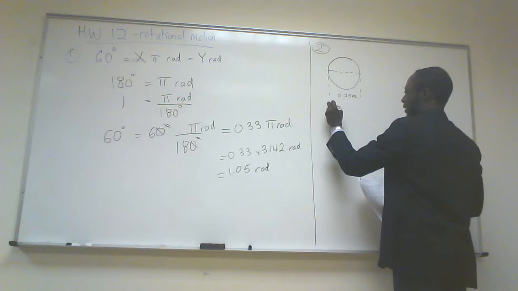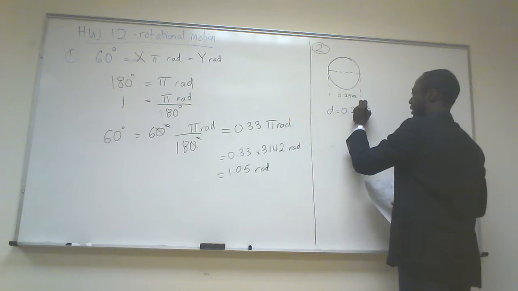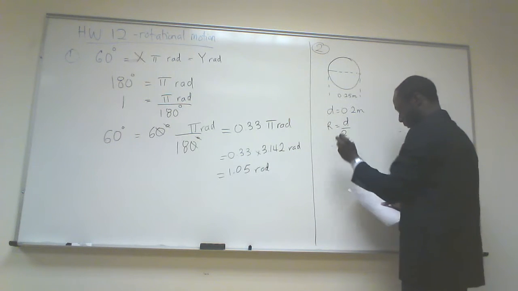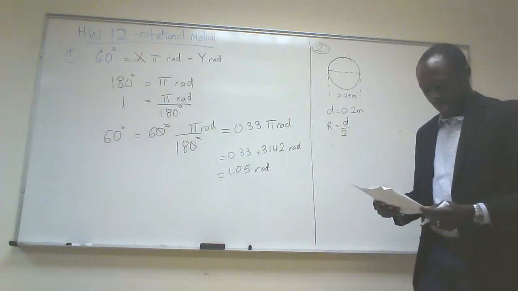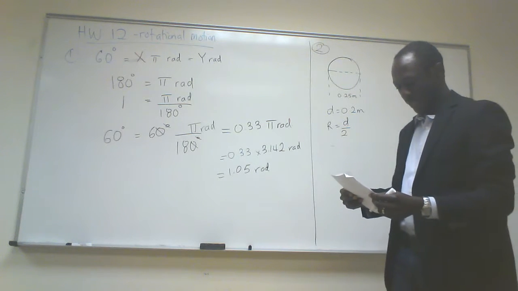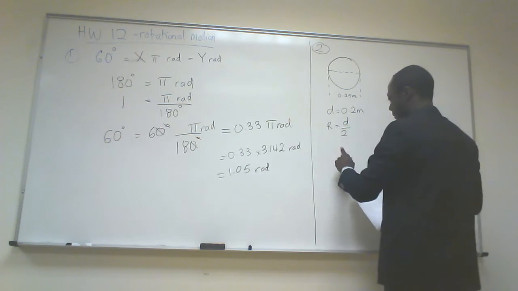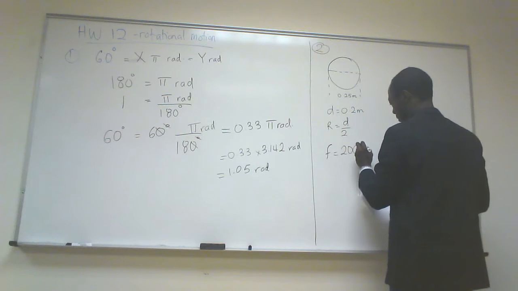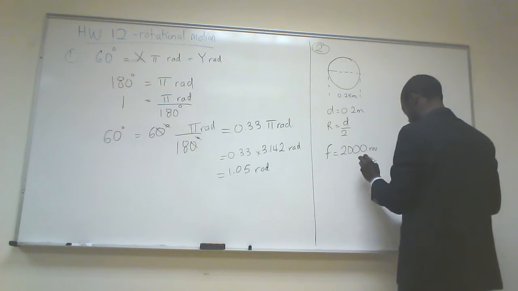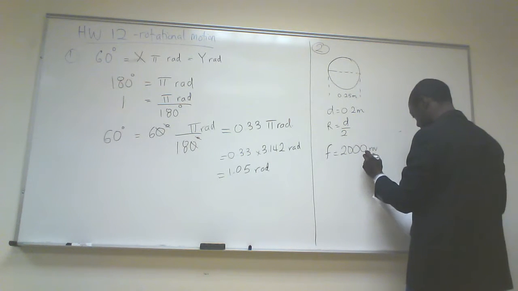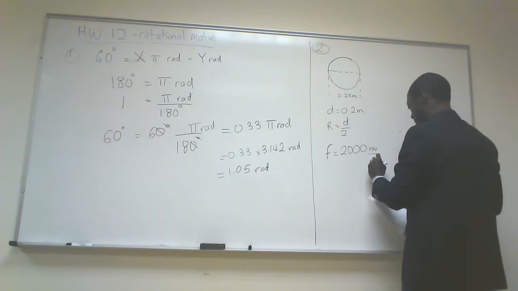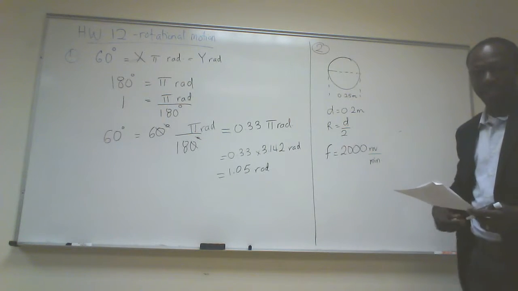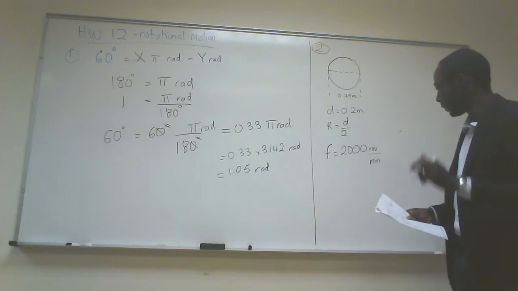If the diameter is equal to 0.25 meters, the radius is going to be diameter divided by 2. And we're told that it's rotating with a frequency of 2,000 revolutions per minute, and we're asked to calculate its angular frequency.